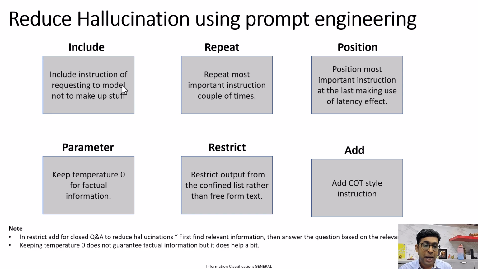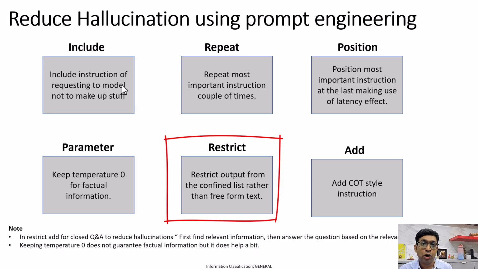You keep your parameter like temperature at 0 to get factual information, but this does not guarantee that you will get factual answers, but this certainly helps. You restrict the output of a model to a limited context rather than giving the model freedom to output really long text, which is not required.